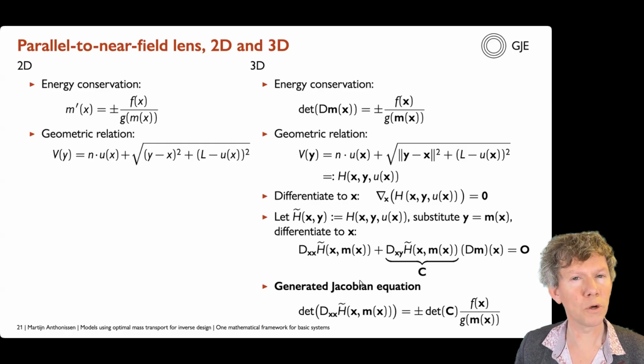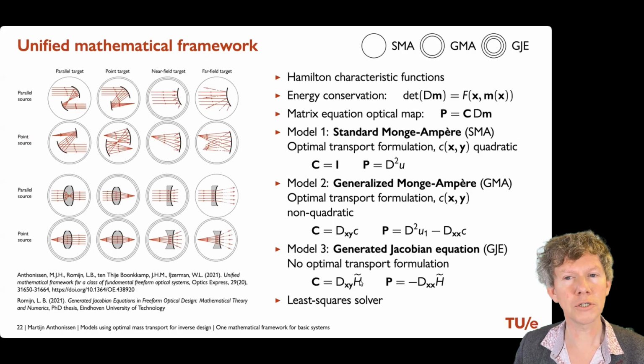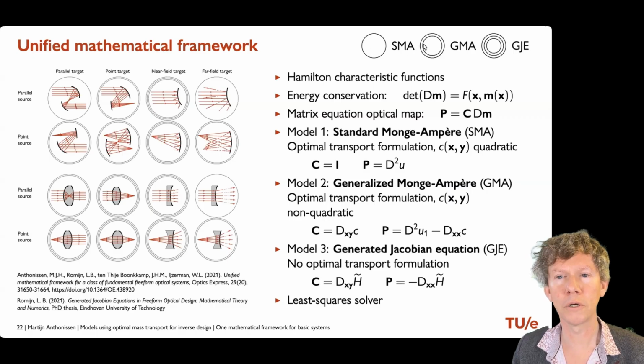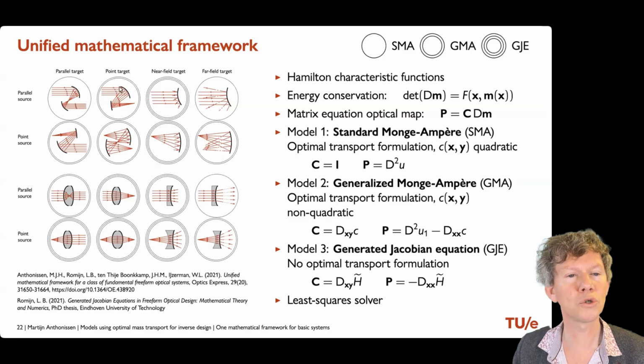To summarize what we have seen, all of these 16 systems can be described either with the standard Monge-Ampère equation, generalized Monge-Ampère equation, or one of these generated Jacobian equations. The circles that you see on the left, one circle is standard Monge-Ampère, two circles, like in this example, is generalized, and you see all the near field examples are 3 circles and they're all generated Jacobian equations.